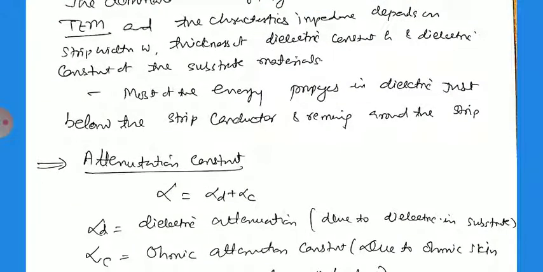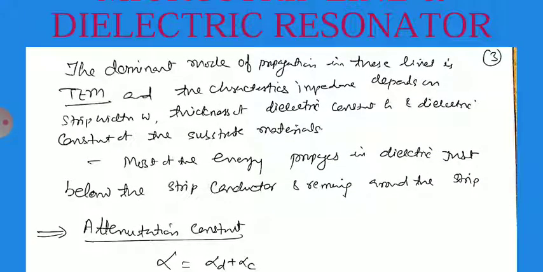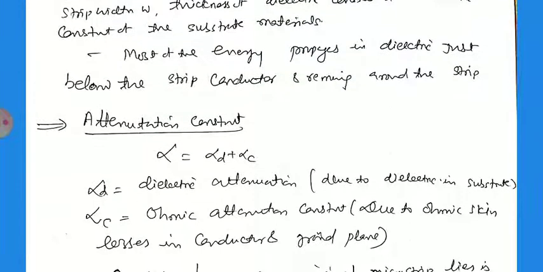Now the dominant mode for propagation in these lines is TEM, and the characteristic impedance depends on the strip width W, thickness, and the dielectric constant of the substrate media. Most of the energy propagates in the dielectric just below the strip conductor, and the remaining around the strip. Now the attenuation constant is the sum of these two: alpha equals alpha d plus alpha c.